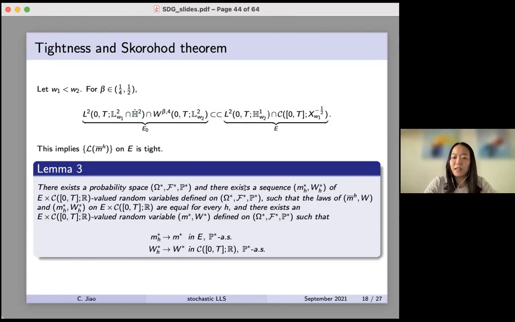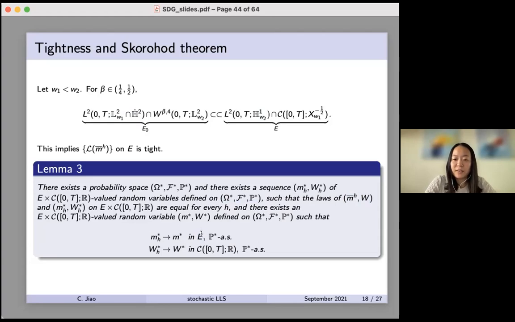It tells us that there exists another sequence of random variables, MH star, WH star, defined on a probability space, such that their laws are equal to the original quadratic interpolation and original Wiener process. Moreover, they have pointwise convergence in the space E and the space of continuous real-valued functions of time.